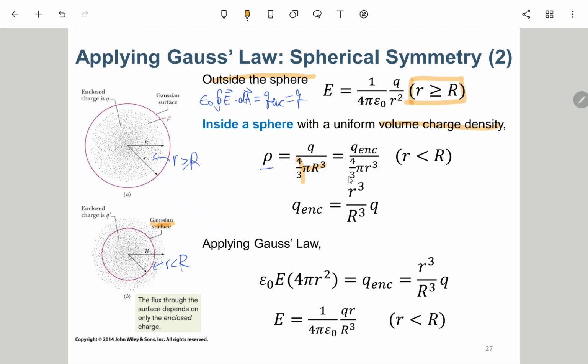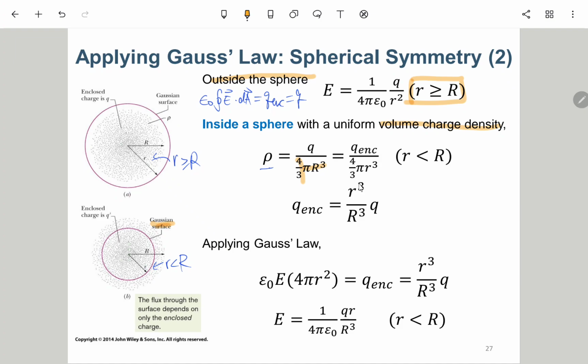So Q enclosed divided by the volume enclosed by the Gaussian surface, which is 4/3 pi small r cubed.